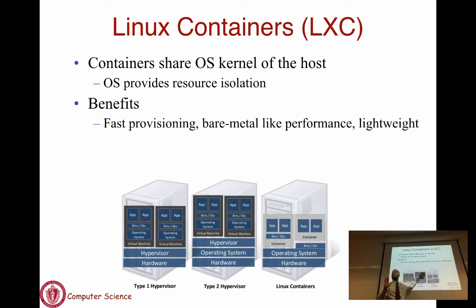So this VM will continue to run even though this OS may have hung the VM. You do not get that benefit here. If one container triggers some bug in the OS and causes the OS to hang, all other containers are impacted, because the OS is shared by containers. So you do get a degree of isolation, but it is not as strong as what you would get in case of hardware virtualization.